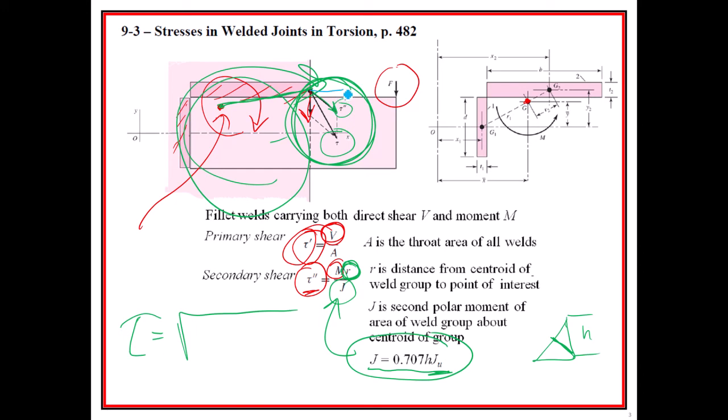So it becomes tau double prime X and tau double prime Y. So we go tau double prime X squared, and then we have to add in the tau prime plus the tau double prime Y and make that squared, so we get the overall tau.